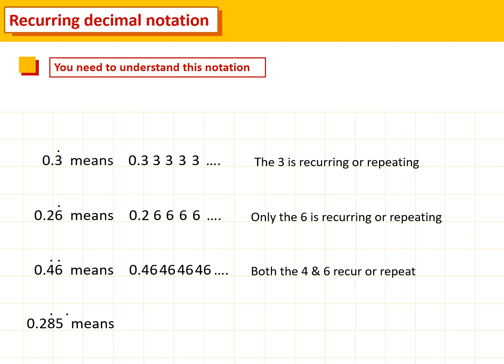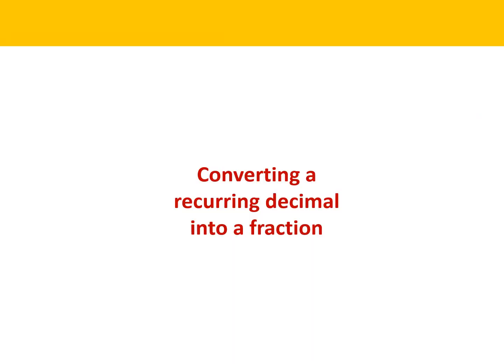So that would include the 8 as well. So the string 2, 8 and 5 all repeat. So it's 285, 285, 285. All digits between the dots recur or repeat.